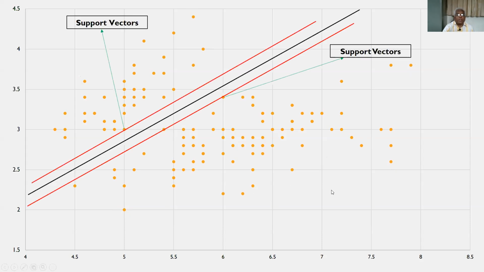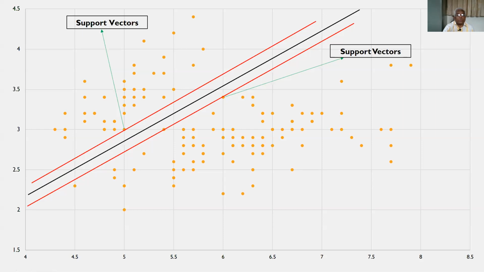Right? Okay. Now, this is the most important thing we must understand. This is my separator. This black line is my separator. There are two red lines I have drawn here. Now, this red line is passing through this point, which is closest to the separator. That means, mathematically speaking, the distance of this point from the separating line is minimum.